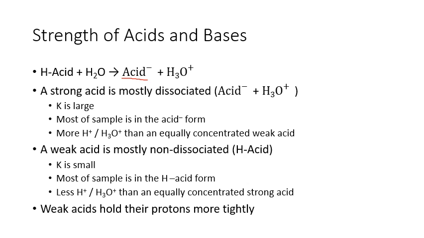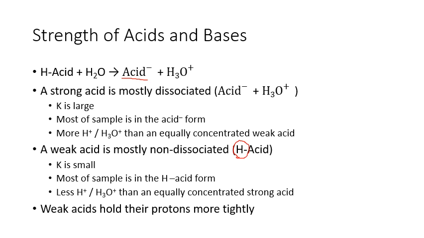Versus if you look at a weak acid system, the value for K in that case is going to be very small, and most of the sample will still have the H attached to the acid. So HA will still be the dominant species there, and there won't be as much H3O present as you would expect for a sample of that concentration. And that's because those weak acids are holding onto their protons very, very tightly, so tightly that when the proton tries to leave the HA, it doesn't.